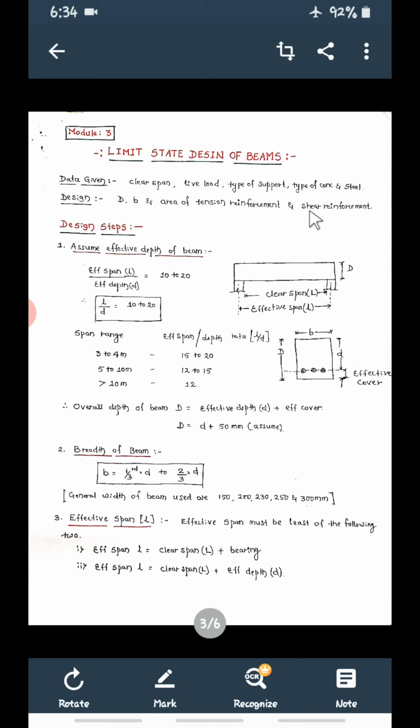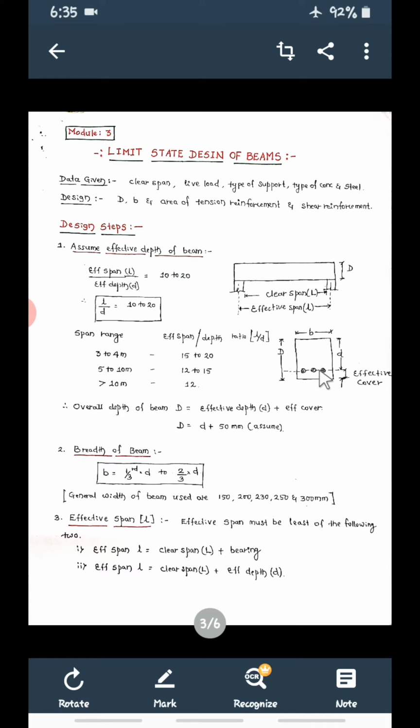Another important thing is, along with the tension reinforcement, we have to find out the shear reinforcement for the shear force. Now see, what is shear reinforcement? We know the tension reinforcement, the main steel, we provide at the bottom, right? And what is shear reinforcement? No doubt, whatever bending moment comes on the beam will be taken care of by these main bars. But what about shear stresses?